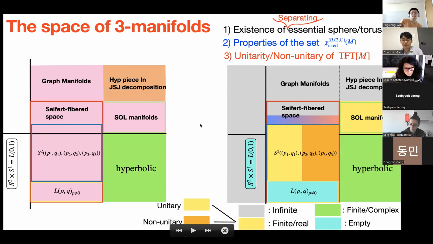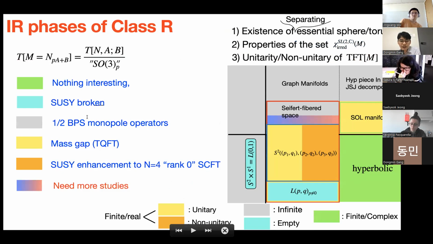So this explains all the classes of 3-manifolds in our criterion, and what the resulting topological phase is. We checked this expected topological phase using various examples, and there were no exceptions, and we found that it does work.